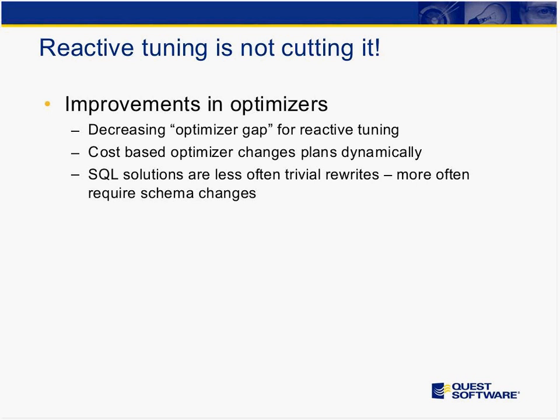More often they require some schema change, an addition of an index, or something more complex than simply correcting some programmer's mistake in writing the SQL. The other factor is that you've got stringent availability requirements today.